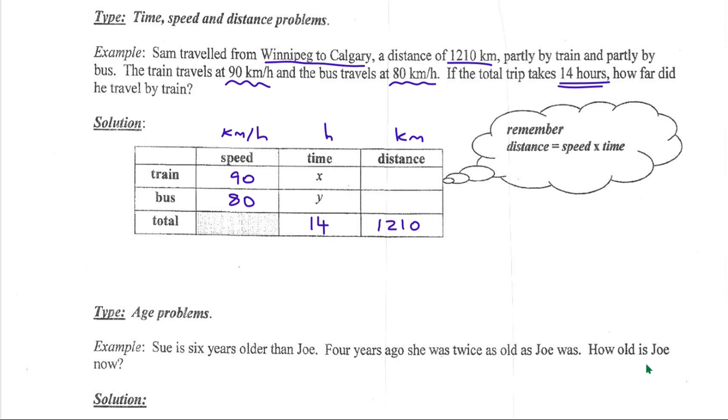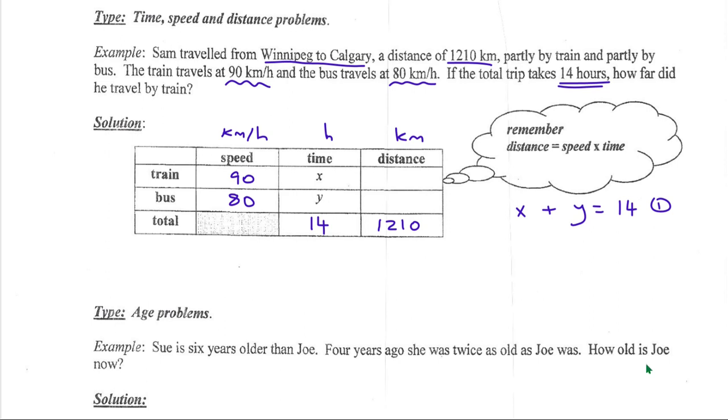We're almost filled in the entire chart. I can see that in the time column, I'm going to have an equation that says x plus y equals 14. Okay, what they've done is they've made the variable the time that it takes by train and the time that it takes by bus. So those are our two variables.